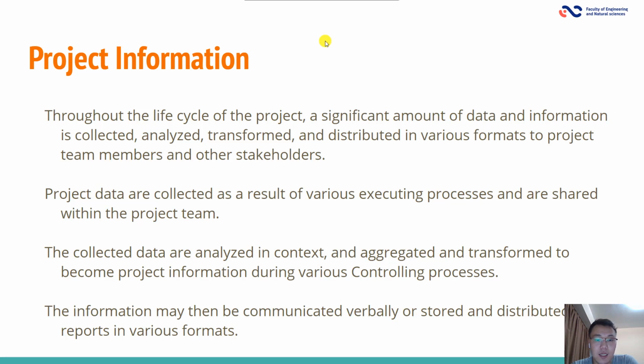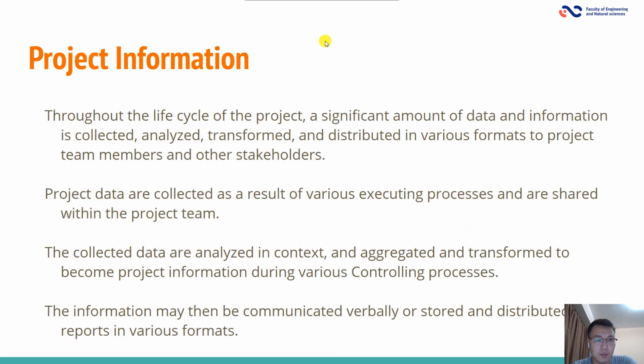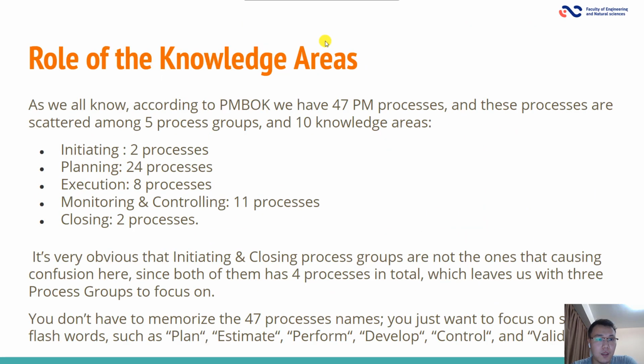The collected data are analyzed in context and aggregated and transformed to become project information during the various controlling processes. The information may then be communicated verbally or stored and distributed as reports in various formats. Here is the description in detail of the project information.